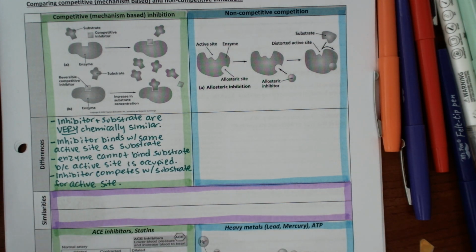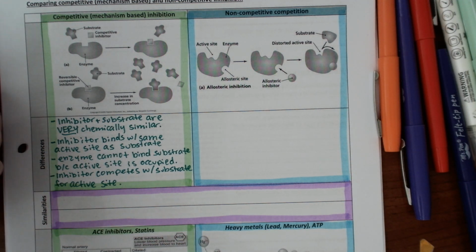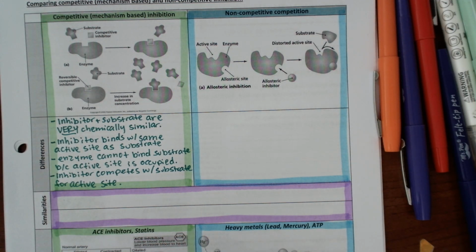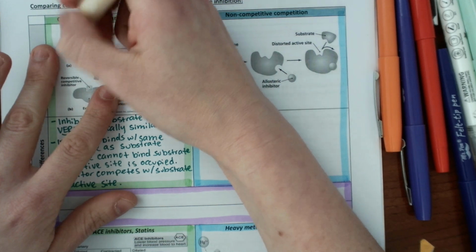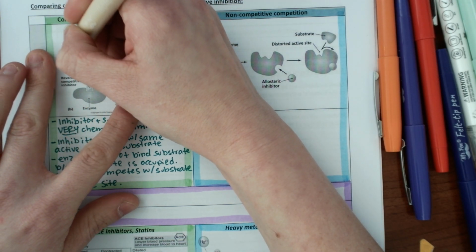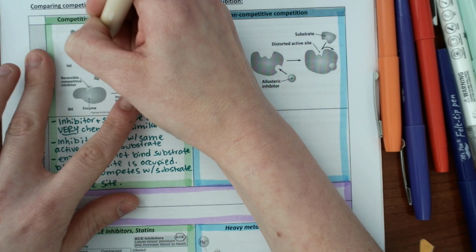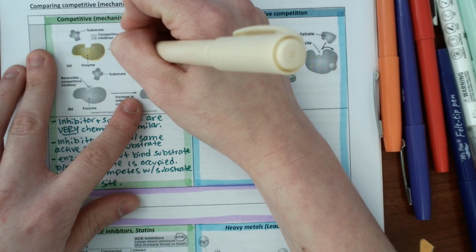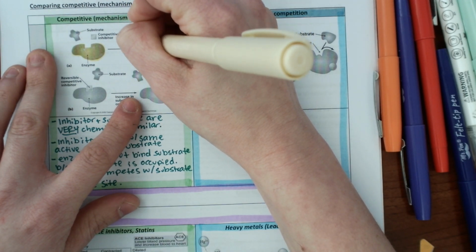And so if we were to look at our little picture, oh, I need the brown one again. Oh well, it's okay, I'll get it in a second. So we have our enzyme. We'll color him yellow. Color our enzyme yellow here.